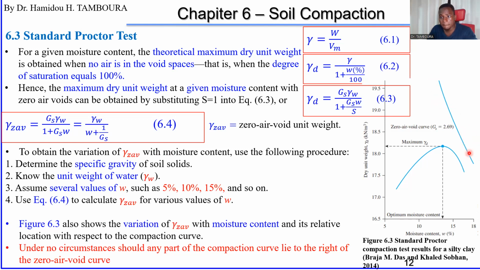The limit is here. If your compaction is very good, maybe you can come very close to this. But going to the other side is impossible, because this line means all the voids are already empty of air, no air at all. So you cannot go above that, of course. That is what this sentence is saying.